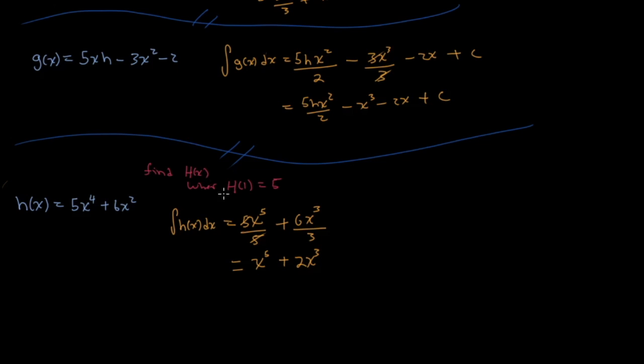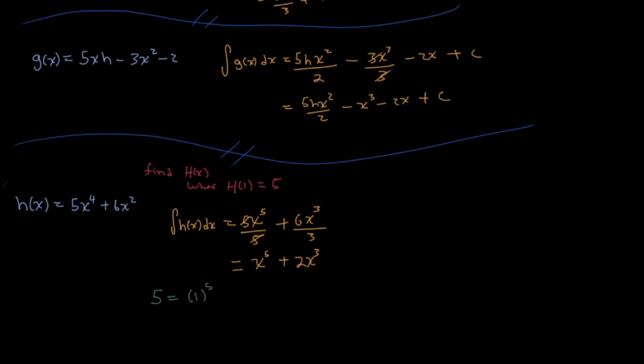Now they've told us that h at 1 is equal to 5. What this means is that when x is 1, h at 1 is going to be equal to 5. So 5 is equal to, I'm going to use this formula here, 5 is equal to, and then we have x is 1, so 1 to the power of 5.